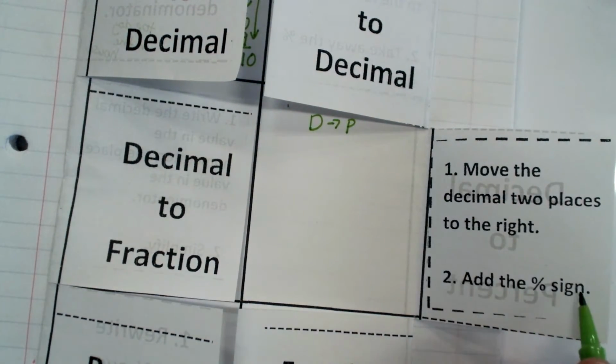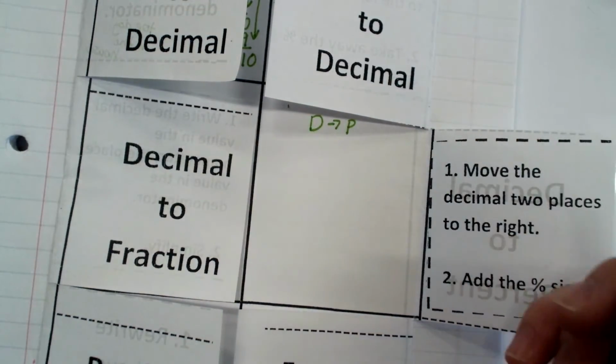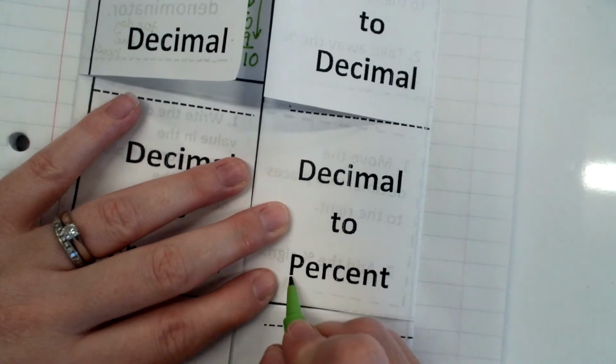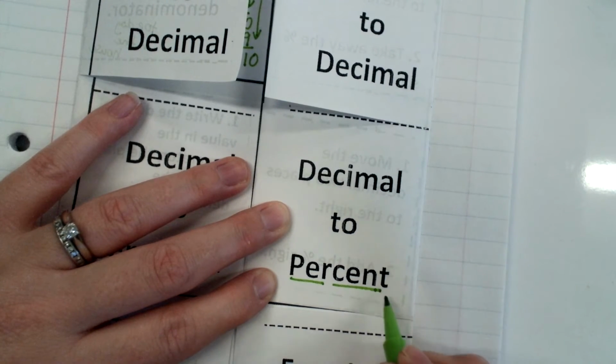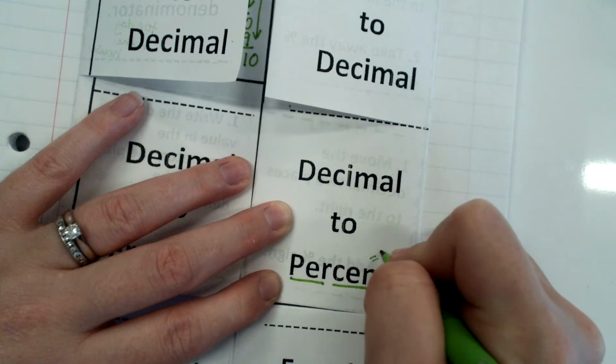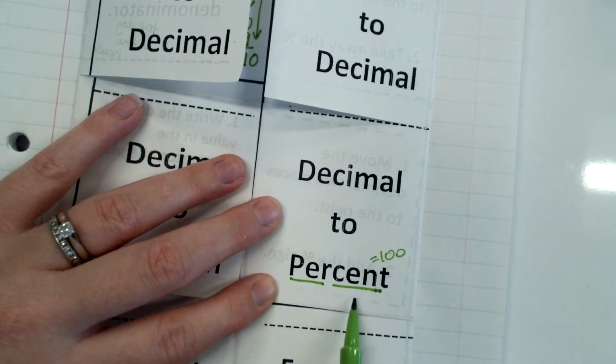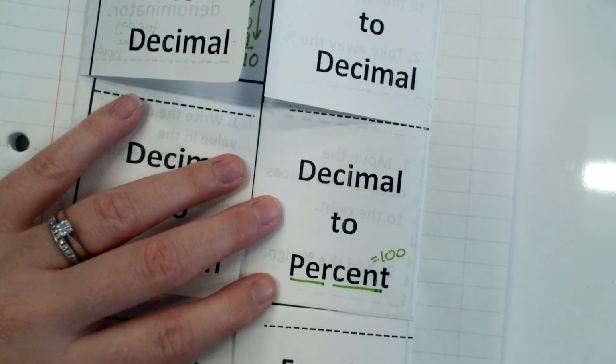Now when I move it 2 places to the right, it's the same as multiplying by 100. If you look at the word percent, cent means 100. So percent is per 100.